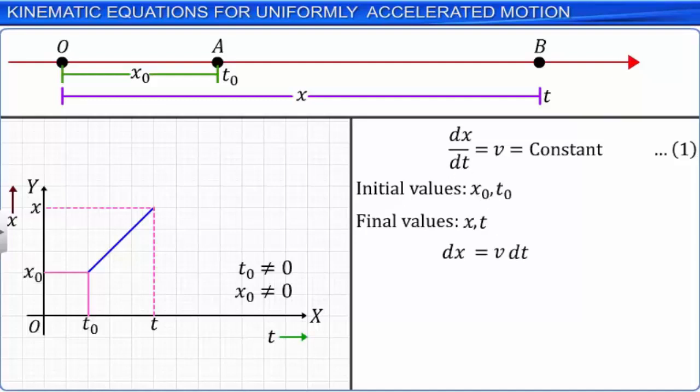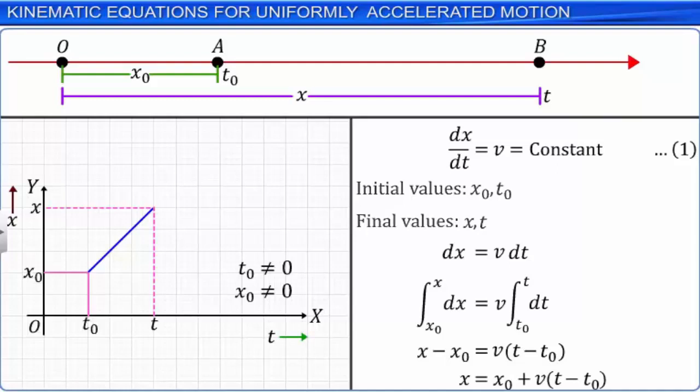Integrating both sides, we get integral x0 to x dx equal to v into integral t0 to t dt. We get x minus x0 is equal to v into t minus t0. On transposing, we get x equal to x0 plus v into t minus t0.